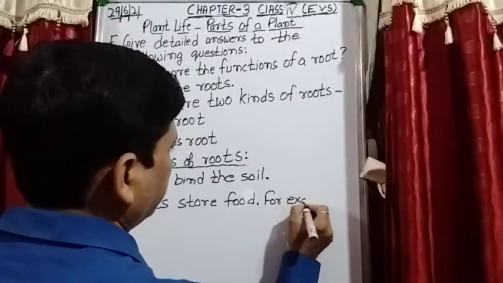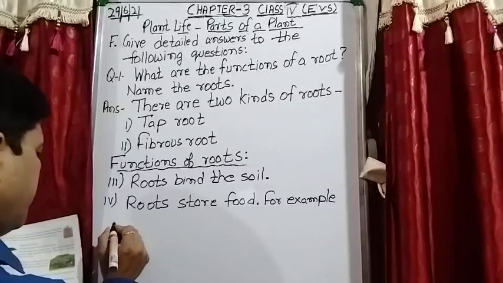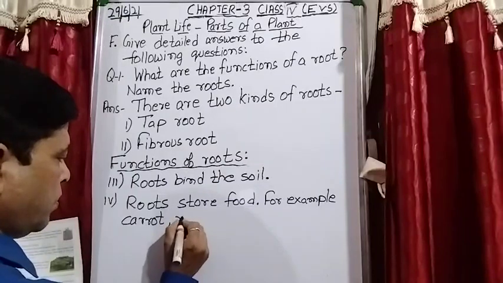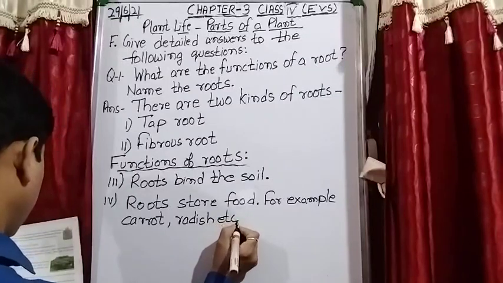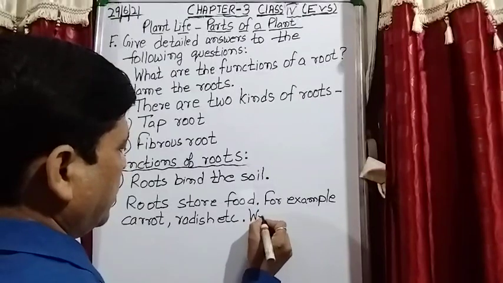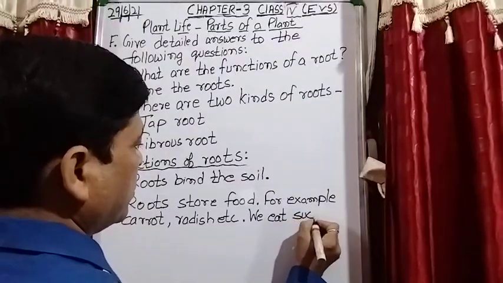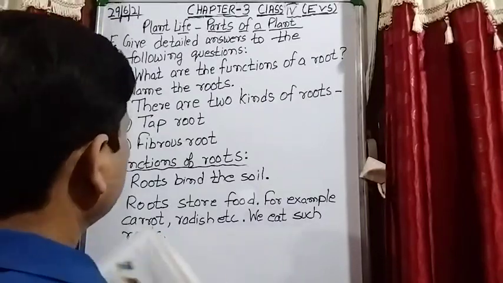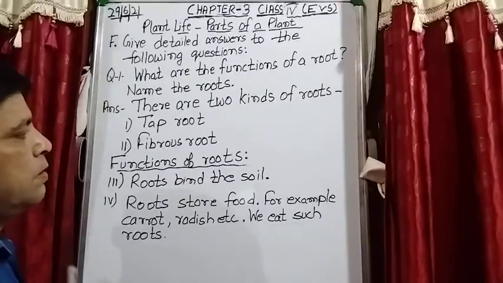For example, carrot and radish. We eat such roots. So now this is the complete answer. Is it clear?